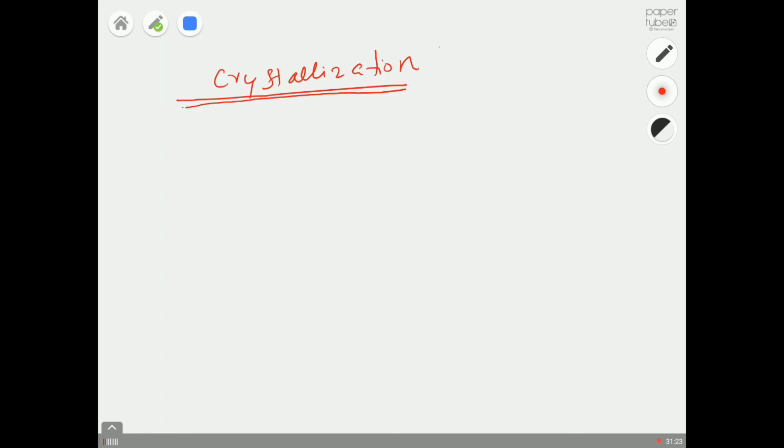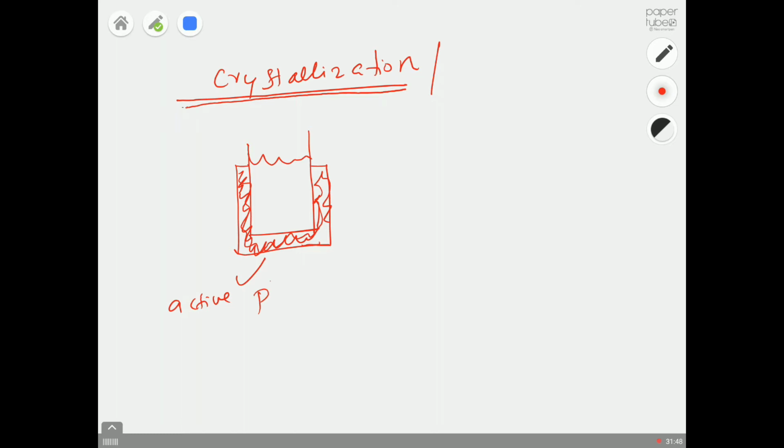So before talking about crystallization, you should know something called solubility. I'll quickly explain what that is. Probably you might have read this in some other modules. It's really basic. So what we have here, let's call this a crystallizer, and we have some jacket to heat, and then we have an API compound, active pharmaceutical ingredient.